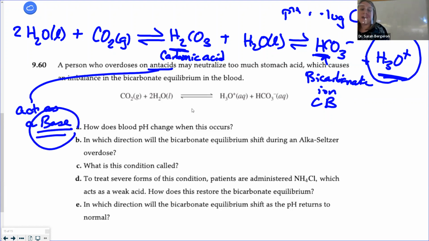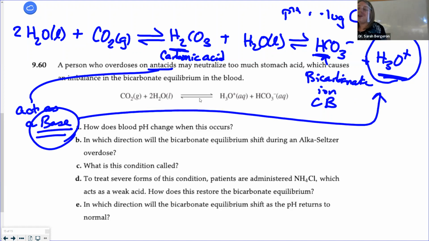So if I have a base and I add it over here to something that's very acidic, it's going to neutralize, right? But my blood was already neutral to start with. So what's going to happen? Blood becomes what? Basic.